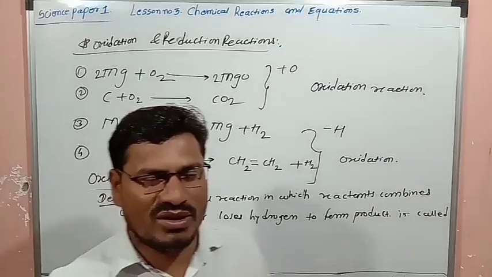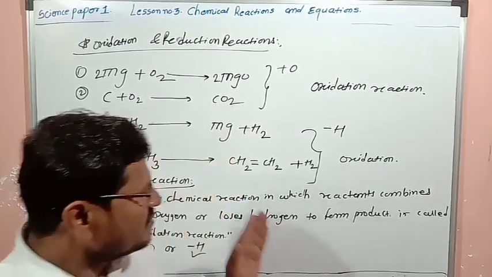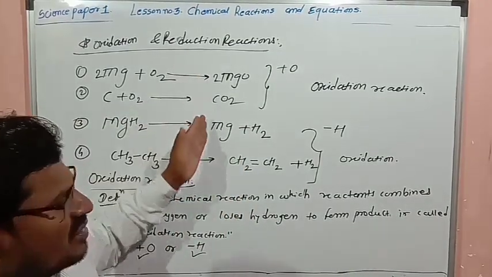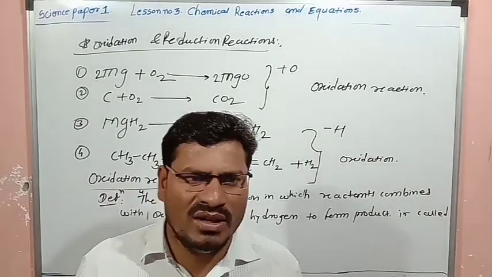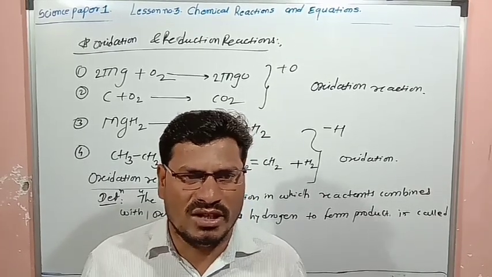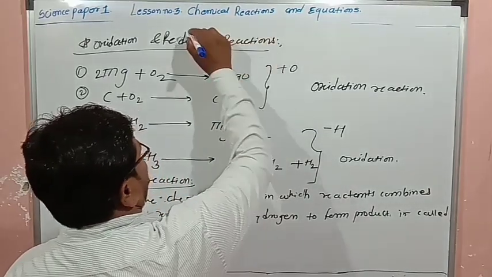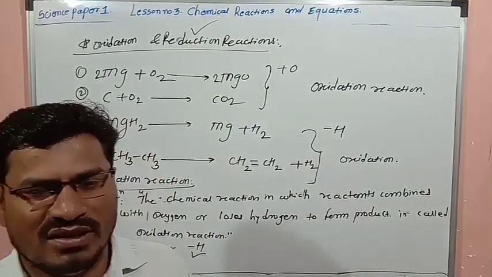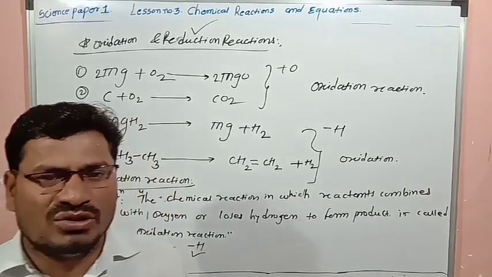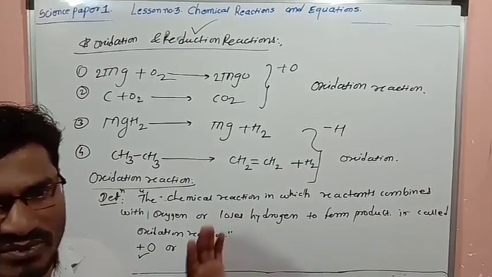Then that type of chemical reaction is called an oxidation reaction. So all these are oxidation type chemical reactions. Another type of chemical reaction we are going to learn is the reduction reaction. Opposite to this definition is there, and that definition we will write after this.